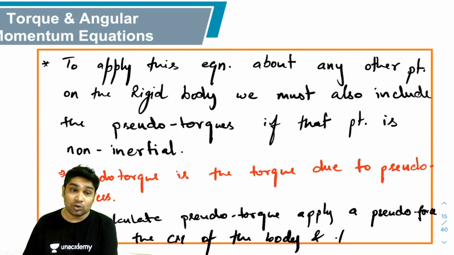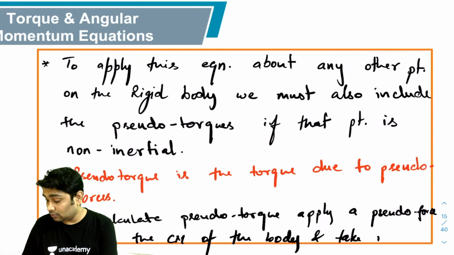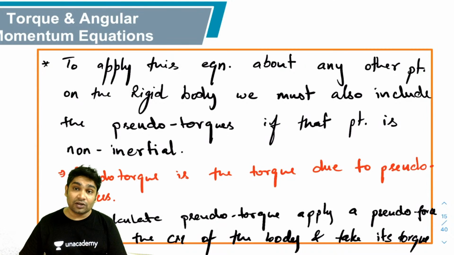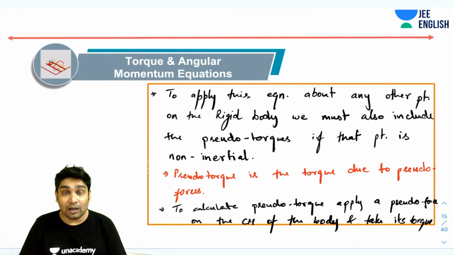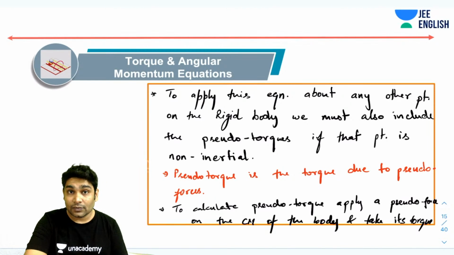So that will be the pseudo torque that we are talking about. Now, once you've included that, then about any point you can apply the tau equals I alpha equation. Okay, please remember this.